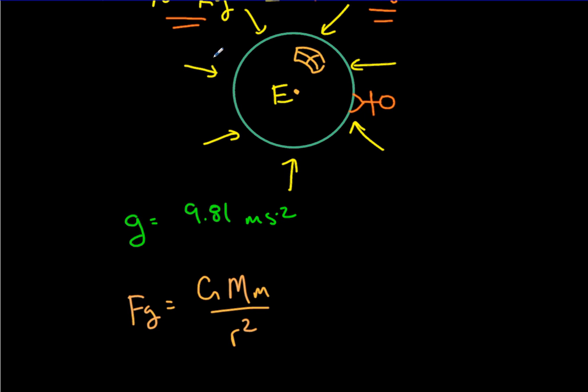Okay? So if we look at this situation here, if this is Earth, we just erase this little e. If this is the Earth here, and we look at this formula, we could call this big M, right? This is the center of mass of Earth. And then over here, some object, in this case you, also has a center of mass.